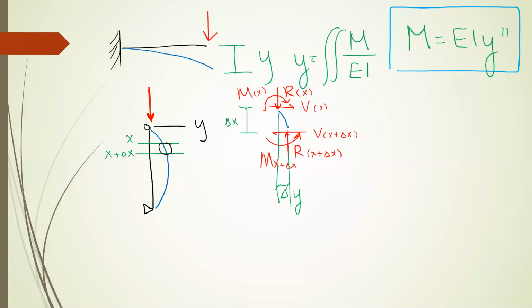And I want to now take the sum of the forces in the vertical direction, so that'd be the X direction equal to 0. So I have R of X plus delta X as a positive minus R of X, and that has to equal 0. Those are the only vertical forces.